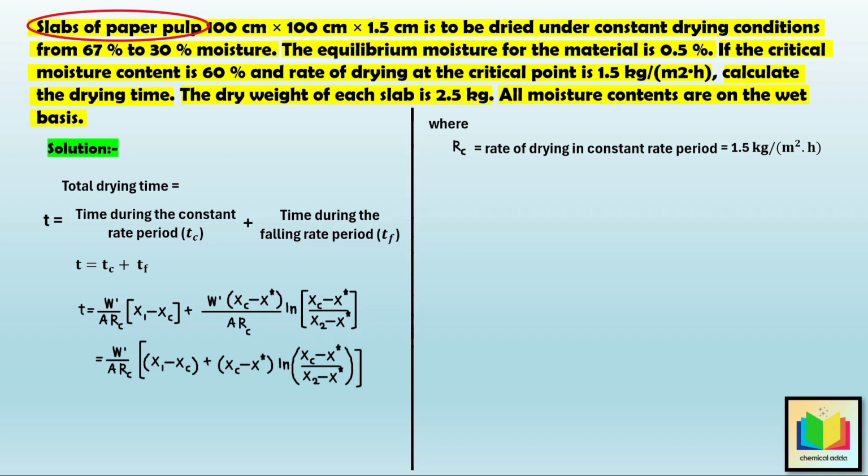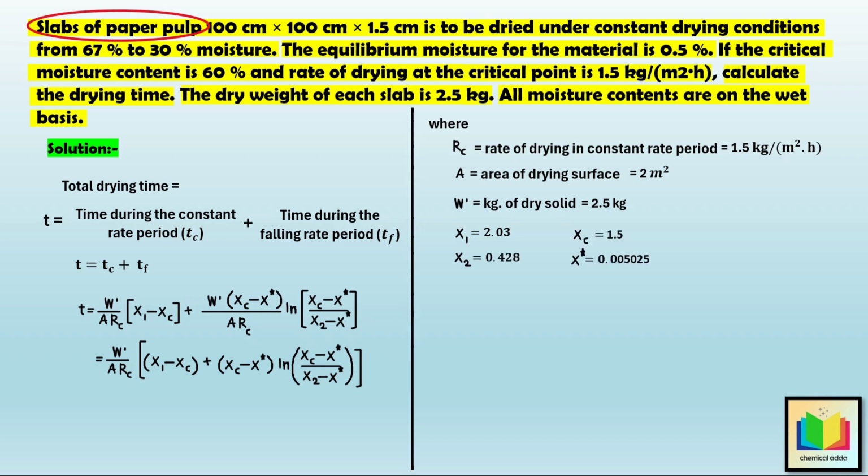A is equal to the area of the drying surface, W dash is equal to kilogram of dry solid, and capital X1, X2, Xc, and X star are the initial moisture, final moisture, critical moisture, and equilibrium moisture content on a dry basis respectively.